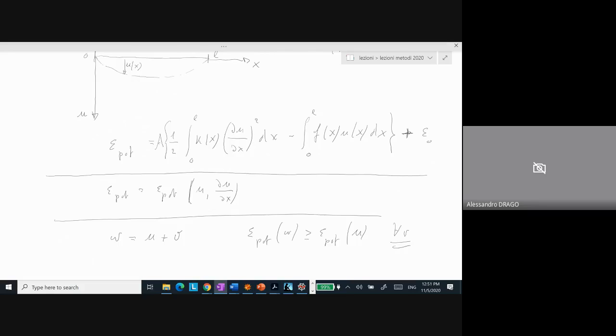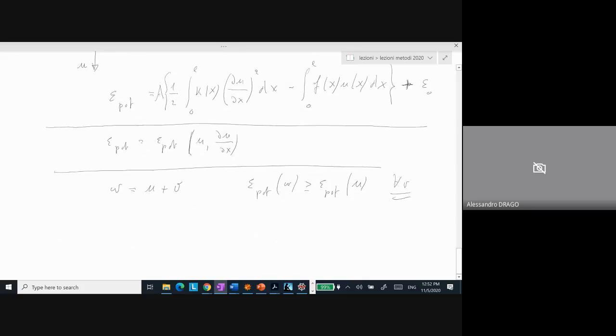If I solve the original differential equation, I can show that this corresponds to the minimum of the potential energy. And to find the minimum of the potential energy essentially is what is called the weak form of the boundary value problem. And of course, after we can just, for completeness, also show that the weak form is also equivalent to the strong. I mean, the strong implies the weak, but we also show that the weak implies the strong, so they are just completely equivalent.